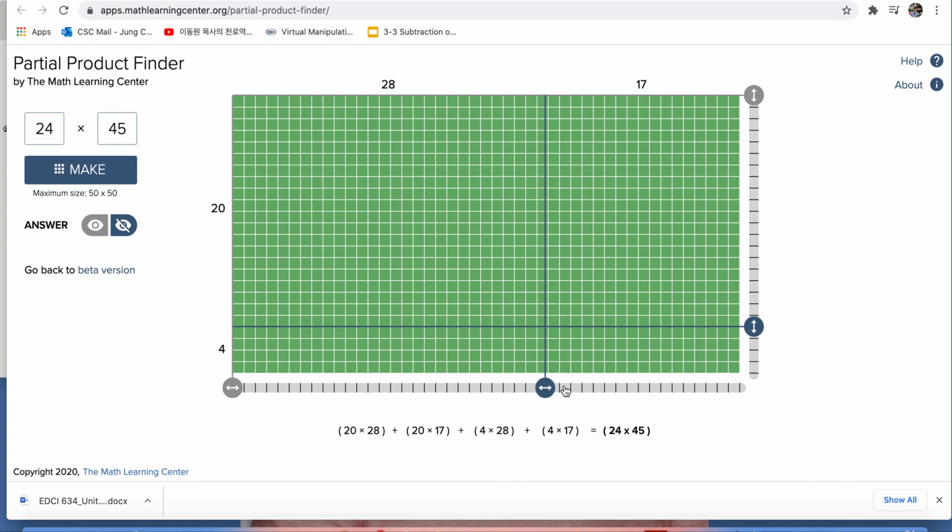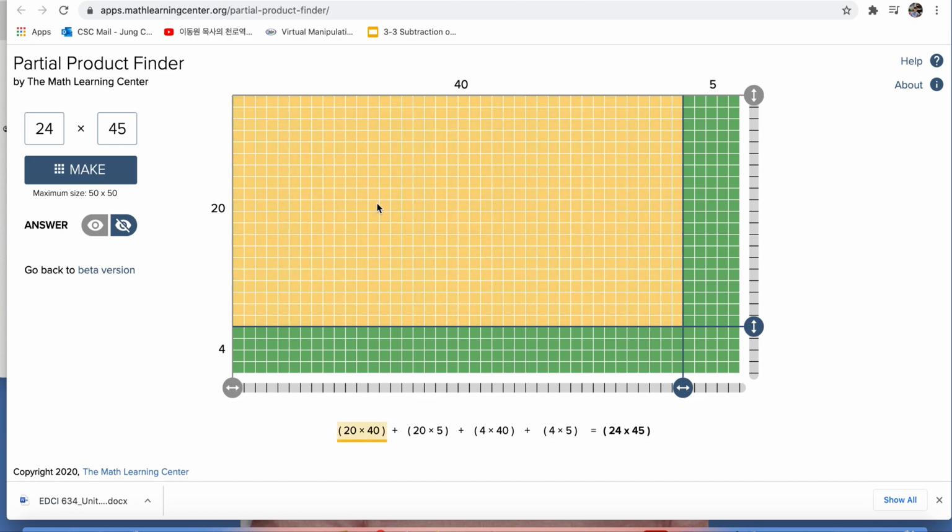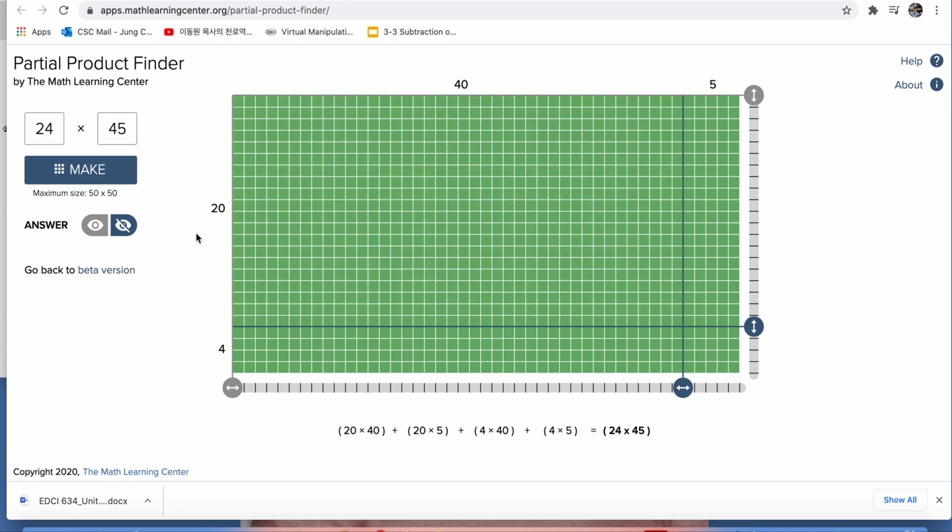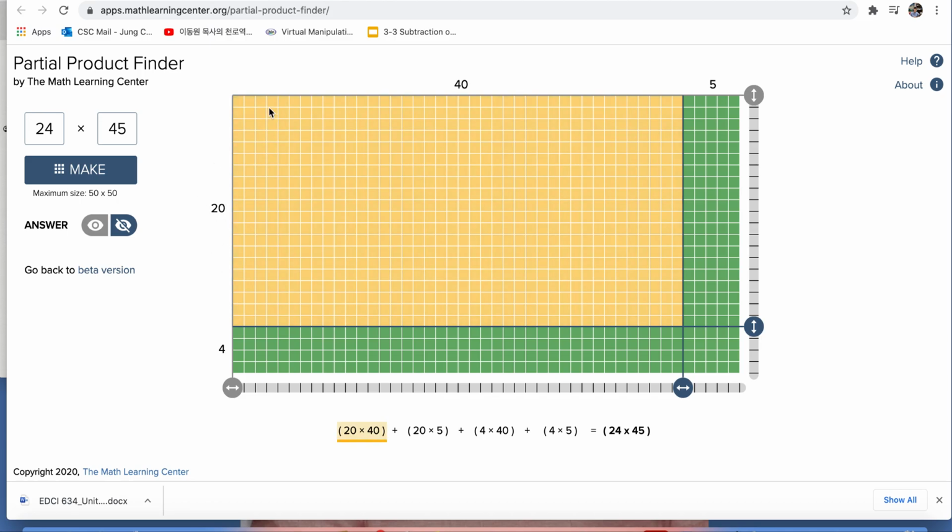You can break them into more parts, and you can make this breaking down into different numbers too. This virtual manipulative does only 2 parts for each number. But if you can draw them on your smartboard or something, you can even break this 40 into 10, 10, 10, 10, and 20 as 10 and 10 as well, and show 100, 100, 100, 100. And you can count them as well.